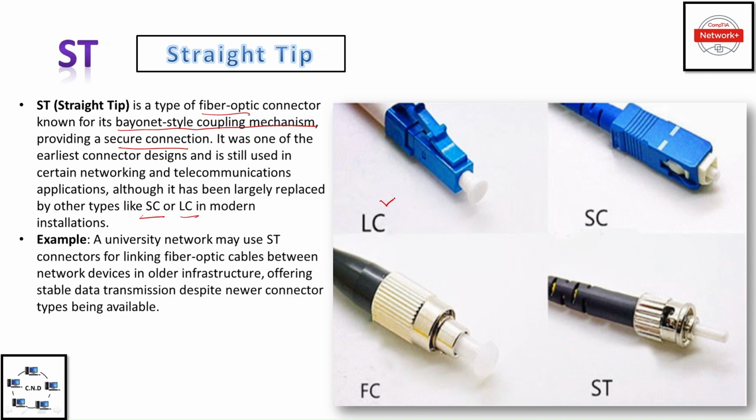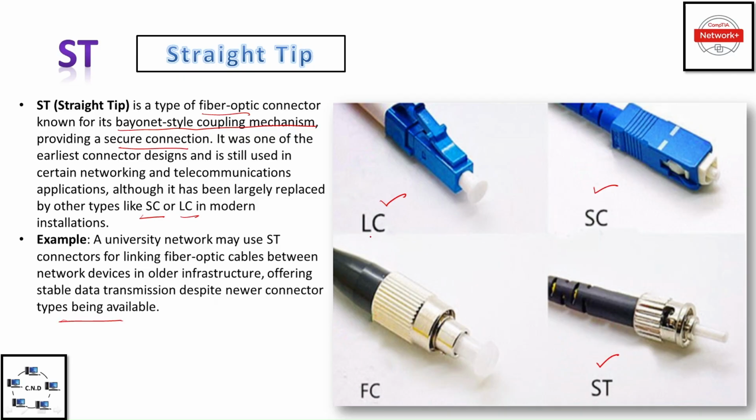So we already studied the LC connector, SC connector, and now the ST, that is straight tip connector. A university network may use ST connectors for linking fiber optic cables between network devices in older infrastructure, offering stable data transmission despite newer connector types being available.